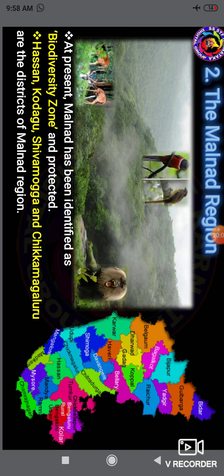The Hasan, Kodagu, Shimoga and Chikmagalur are the districts of this Malnad region. So in this place we see heavy rainfall, especially in these districts.